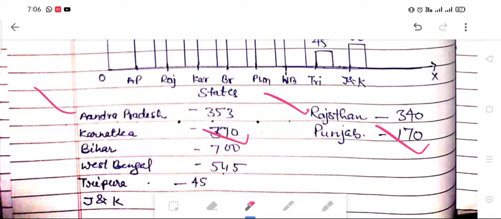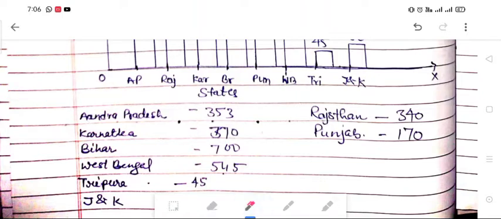Similarly for West Bengal it is 545. In Tripura it is 45, and in Jammu Kashmir it is given as 60. Okay, so these are the populations of some states of India.